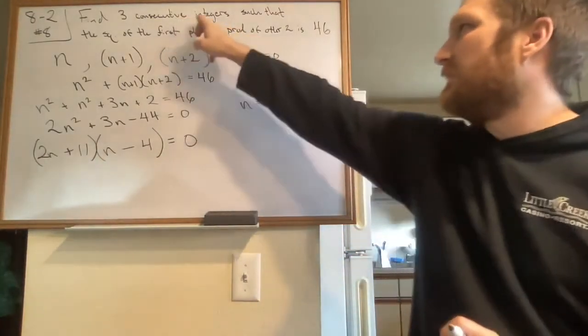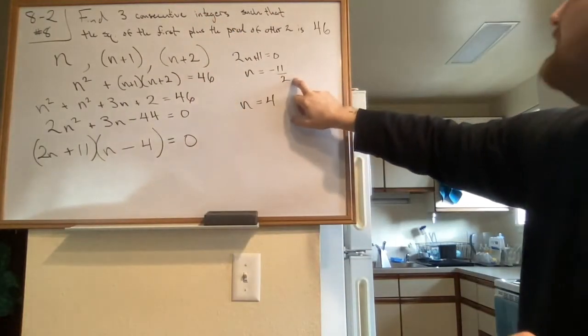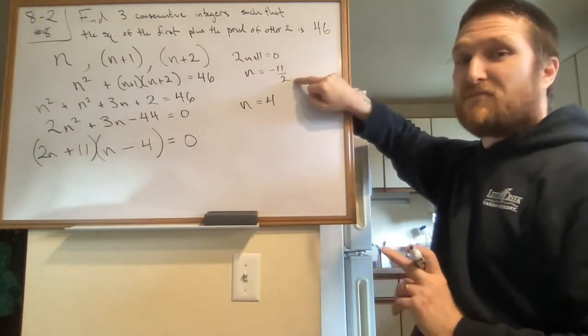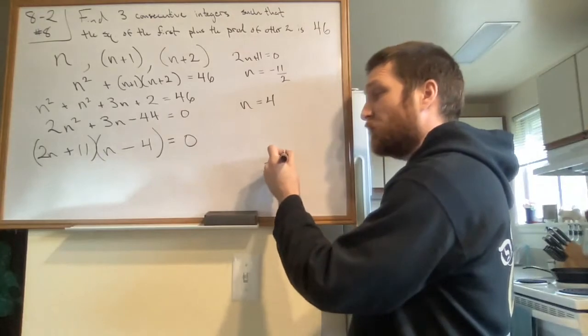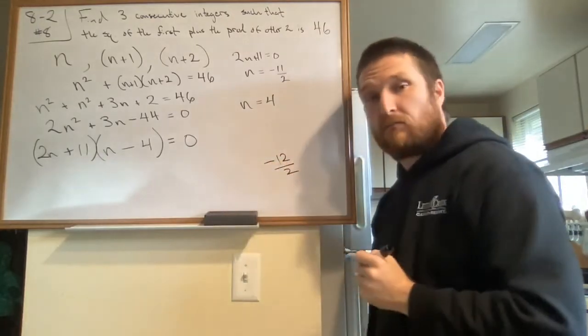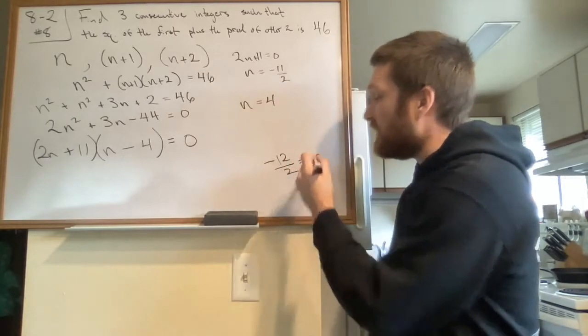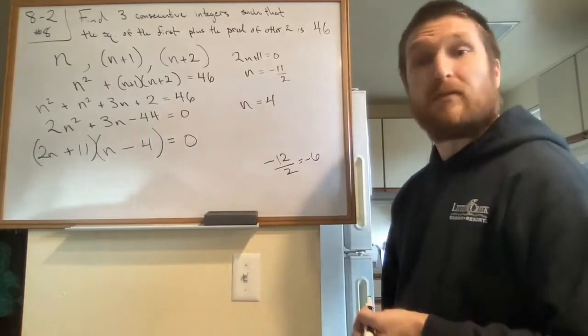Now, the thing is, these are consecutive integers. Negative 11 halves is not an integer, okay? It is a rational number. You cannot reduce that guy. Now, if you had negative 12 halves, if it worked out that way, then you would have minus 6, that's an integer. You say, oh, but it's negative. Doesn't matter.